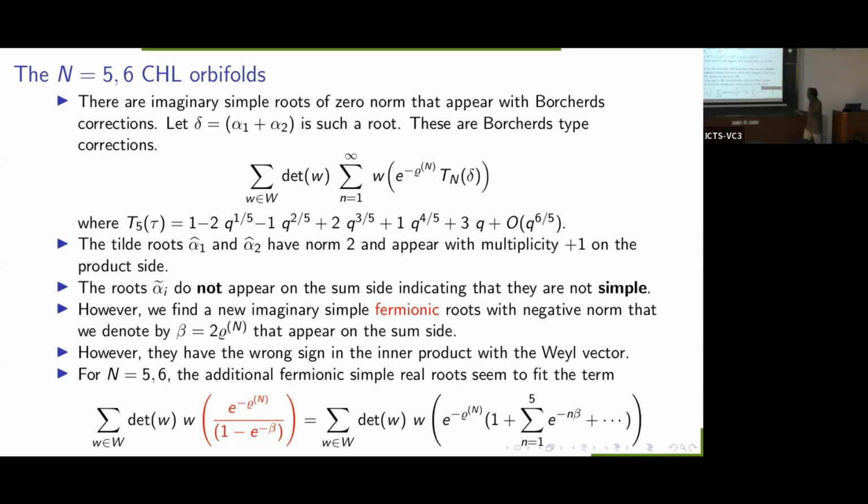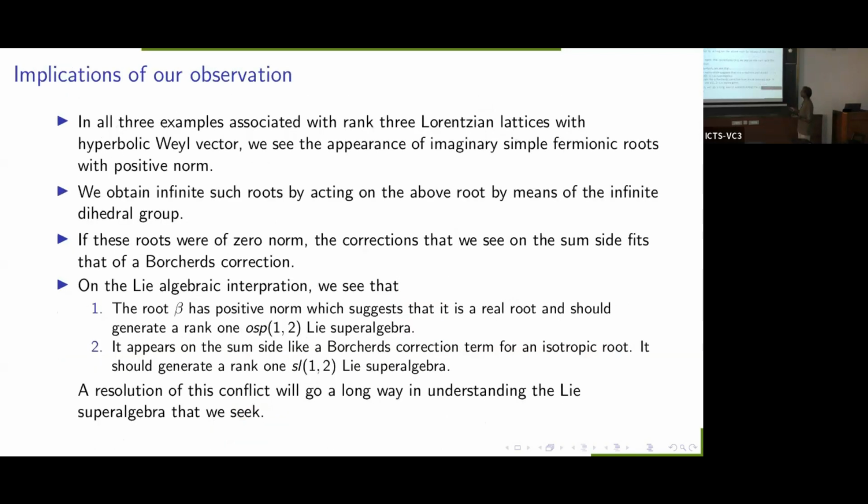So at this point, it's not like we got one beta, we have infinite of them because of symmetry. But if you think in terms of orbits, Weyl orbits, there is exactly one. This thing we haven't done the higher order things. So this is what I just mentioned: if root beta has positive norm, then it usually means it's an OSP12. But we know the denominator of that, we know the denominator of this, and they don't agree.